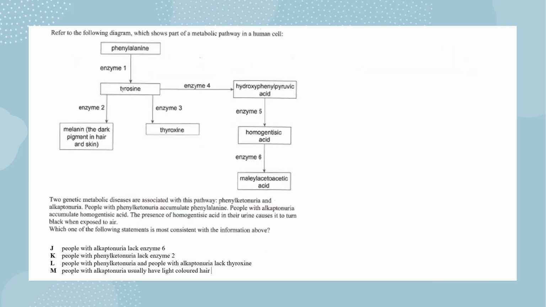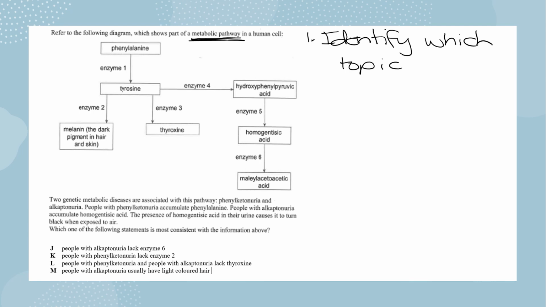That leads really nicely into our exam practice question. All right, so first thing with a practice question, you need to identify which topic this question is asking you about. This is really specific. It says up here metabolic pathway.